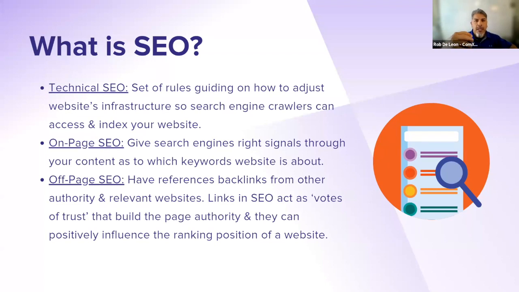That's how we build trust with Google, that we are a real website with real information, and they can trust that we're not spamming or trying to do anything that goes against what Google wants for its search results.